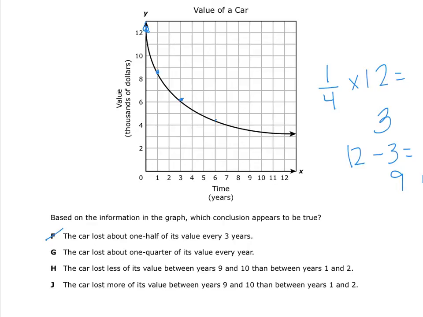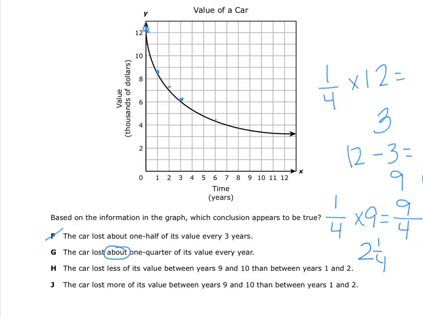Okay, then it goes from 9 down to 7. Okay, so let's see what 1/4 of 9 is. And we get 9 over 4. That's about 2 1/4. And when you do 9 minus 2 1/4, you get less than 7, but it says about. So we have to be careful with that. So that one's still possibly about right.